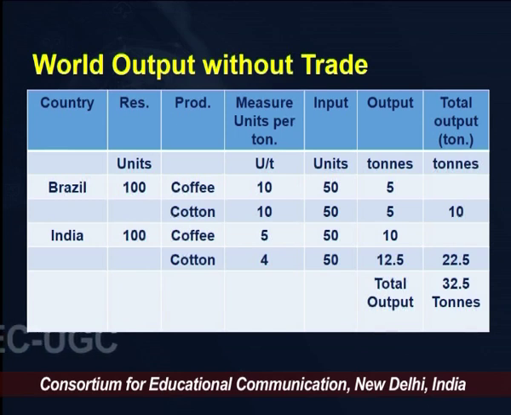For India, 50-50 will again be the input, and since the units required per ton are 5 for coffee and 4 for cotton, when we divide 50 by 5, it is 10 tons of coffee and 12.5 tons of cotton. Total production will be 22.5 tons of the two products taken together. So, the total is 32.5 tons.